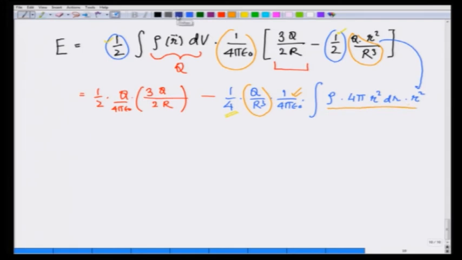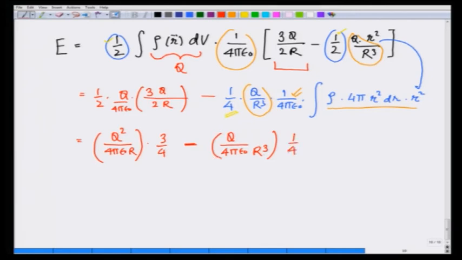So, I can now write this as equal to q square over 4 pi epsilon 0 r, and I am left with 3/4 minus q over 4 pi epsilon 0 r cubed times 1/4 times rho times 4 pi. These are the constants coming from here, and then I have r raised to 5 over 5, because this integral is from 0 to r.